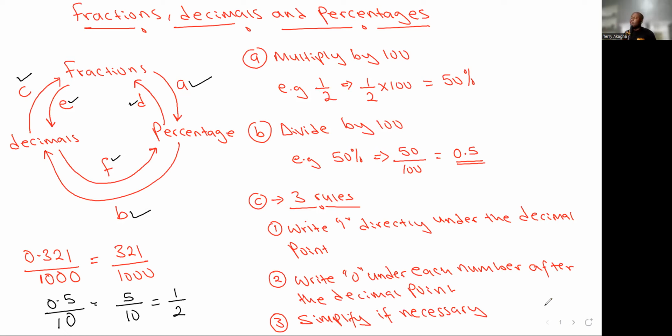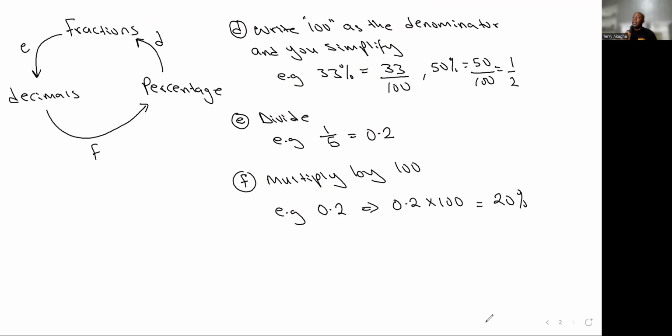Then you simplify if necessary. Then from percentage to fractions, you just add 100 as the denominator and you then simplify, all right? Then from fractions to decimal, you divide, while from decimal to percentage, you multiply. Okay, that is that for that.